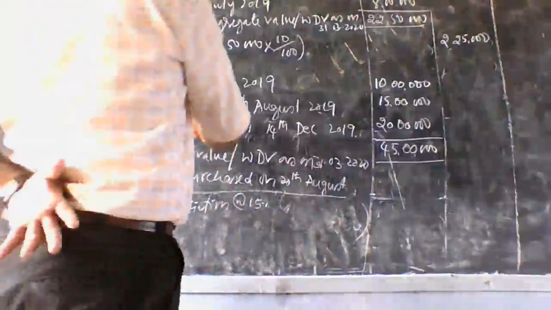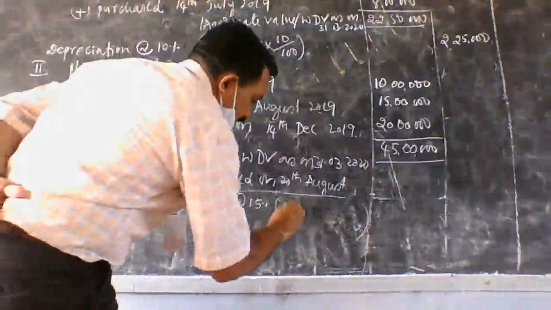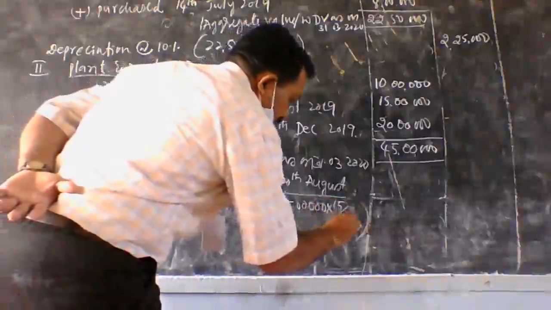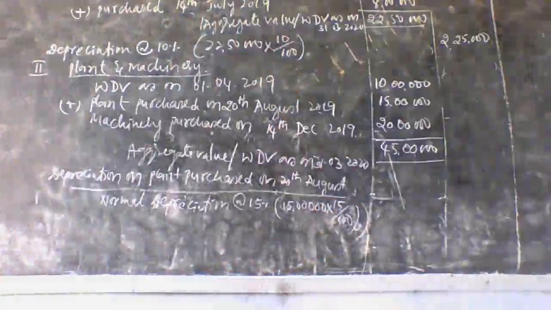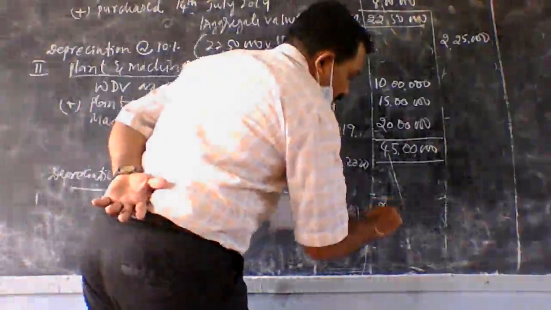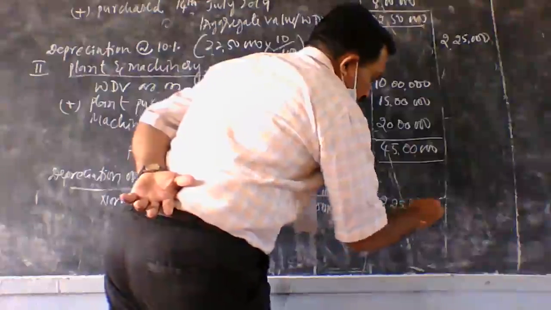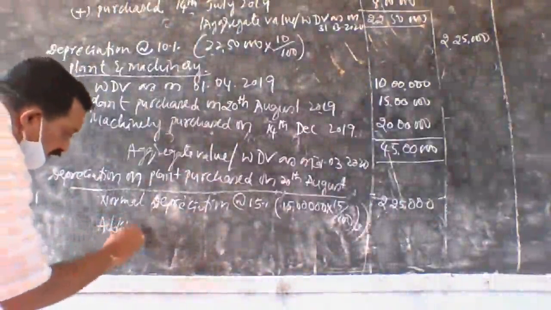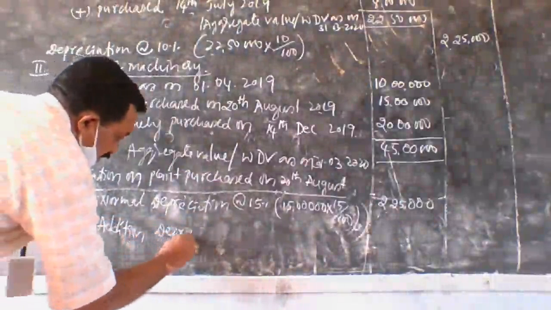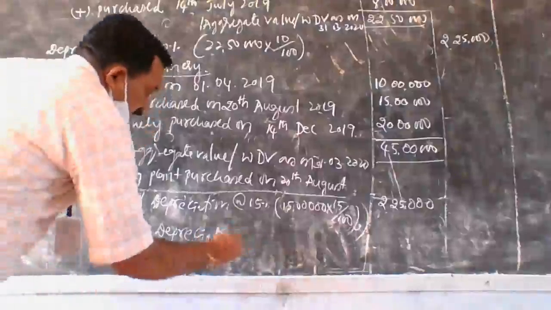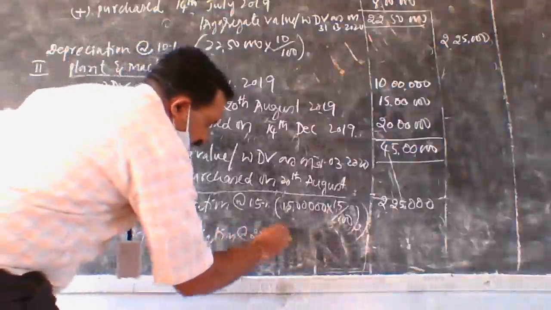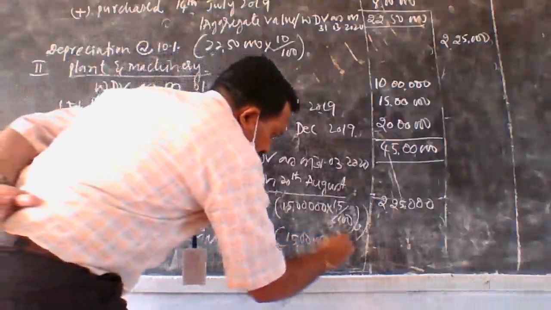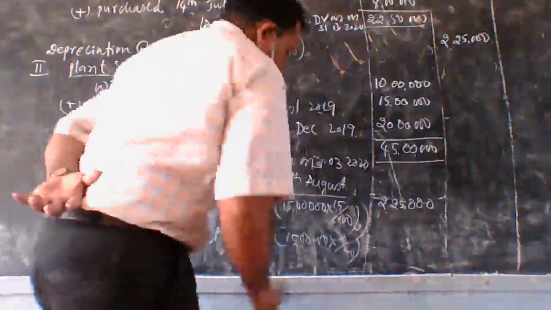Plant purchase 15 lakh multiplied by 15%. How much? 2 lakh 25,000. Next, additional depreciation at 20%, 15 lakh multiplied by 20%. How much? 3 lakh.